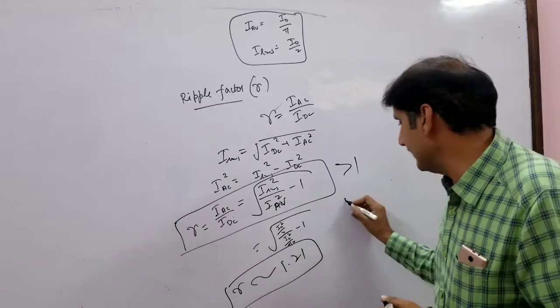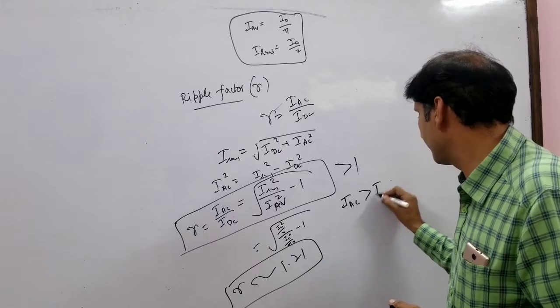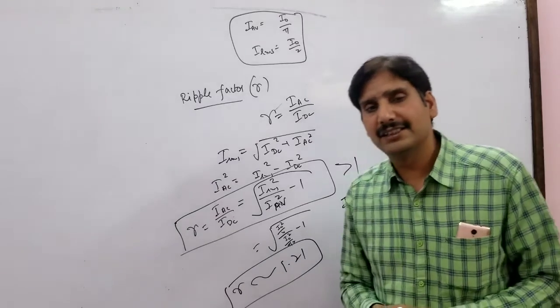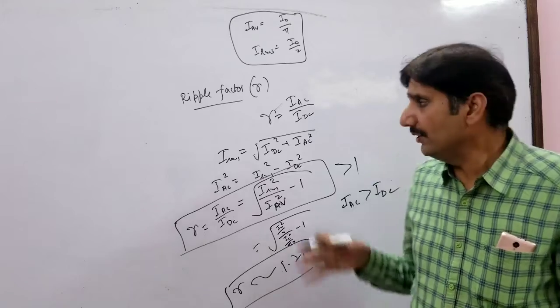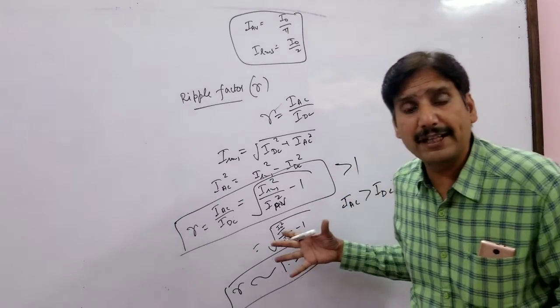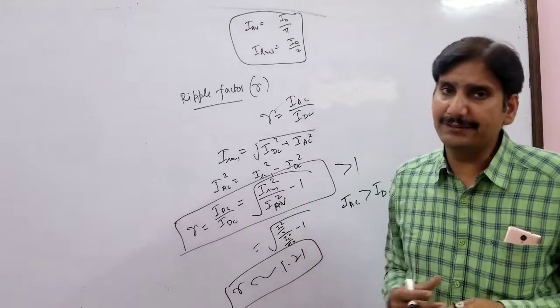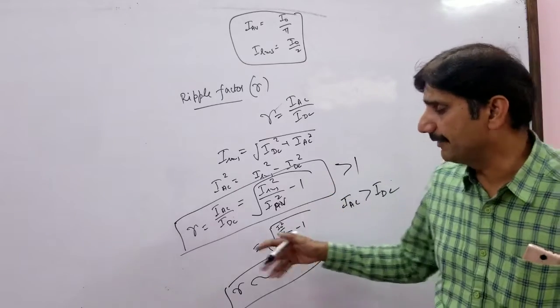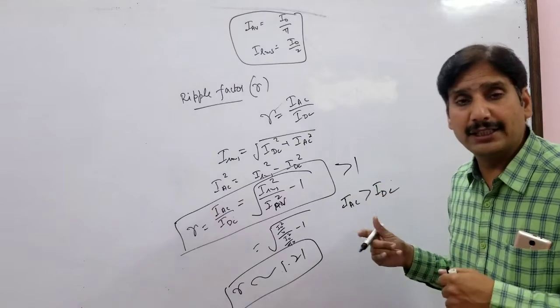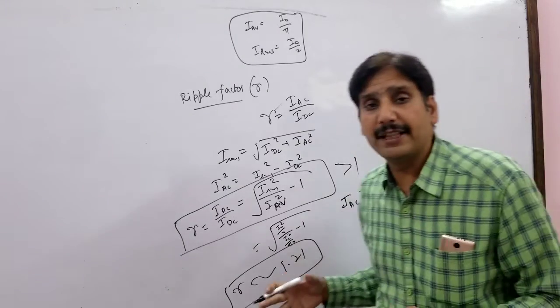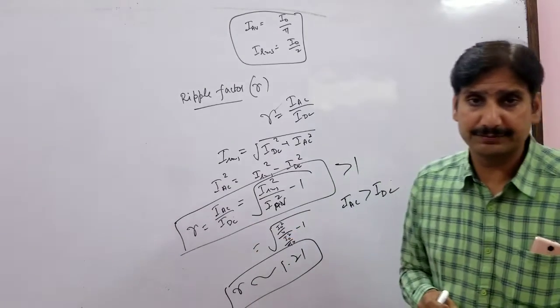That means AC component is still more in magnitude than the DC component at output. This is not a good rectification. So, higher the value of ripple factor, poorer is the rectification. Since half wave rectifier has got gamma quite greater than 1, it is 1.21. That means a half wave rectifier is a poor rectifier.